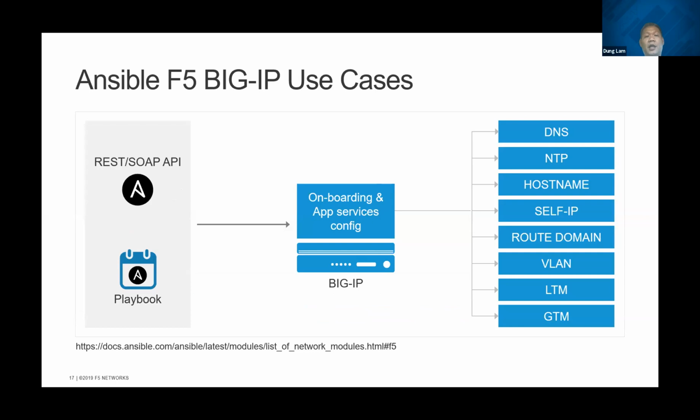The use cases, I mean, your imagination is the limit, right? But I'll give you the most obvious one, the one that can be used most: bringing up a virtual server. Without an automation platform, for those new to the BIG-IP, bringing up a full working virtual server is actually not very simple.